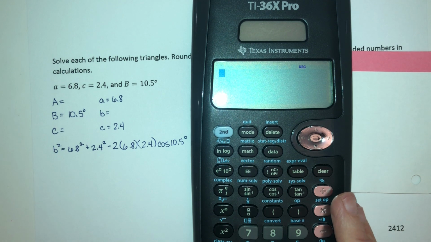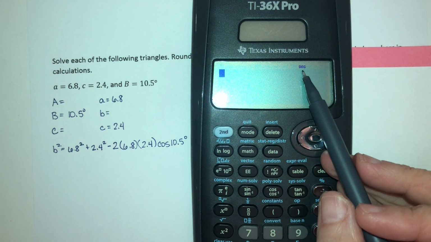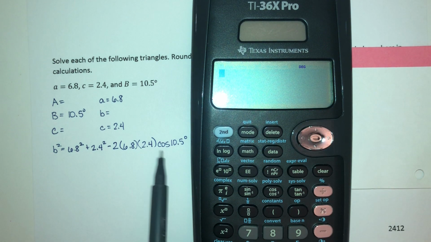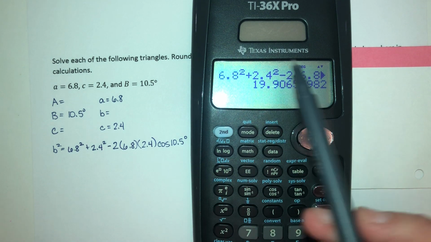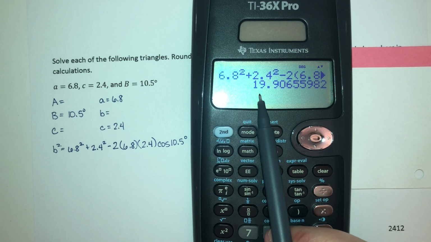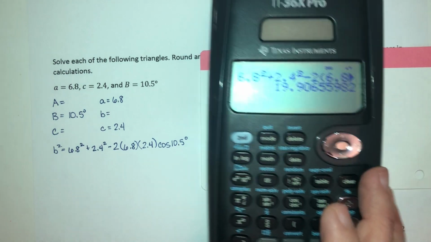Now you want to go to your calculator, make sure that you are in degrees before you start typing everything in. 6.8 squared plus 2.4 squared minus 2 times 6.8 times 2.4 times cosine of 10.5 degrees. And I get that B squared is approximately equal to 19.90, so forth. Okay.